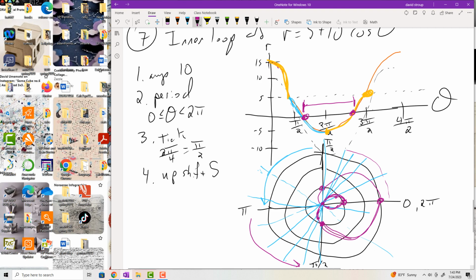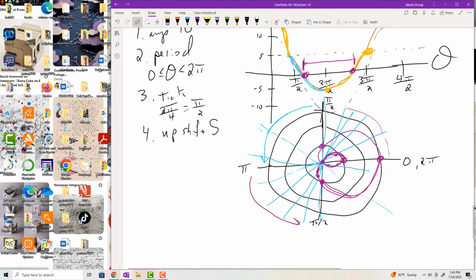But anyways, long story short, to get the inner loop, which is the head of the snail, we just need to find these two theta value locations. And where are those? Those are where r is equal to 0. So note the position is going to be theta comma 0 in both cases. I need to figure out theta 1 and then theta 2.